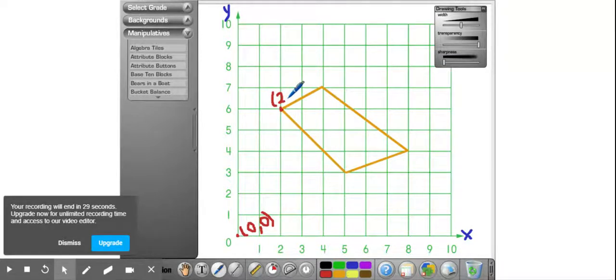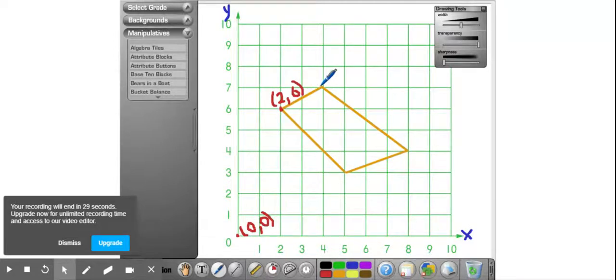Then I'm going to separate it with a comma. And then I'm going to look at where it lines up with my y-axis, my vertical line here. And I see that it lines up with the 6. So I'm going to label this with a 6. And then close the bracket. This is called an ordered pair.